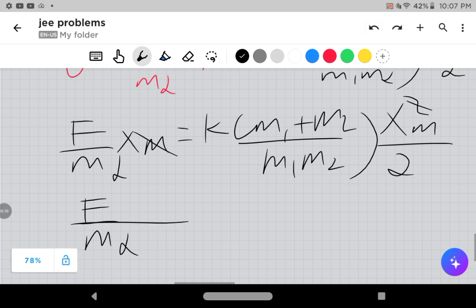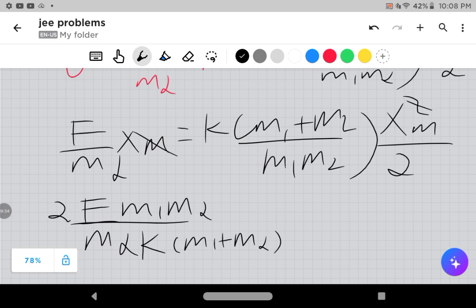f by m2 divided by k times m1 plus m2 and m1 m2 into 2.